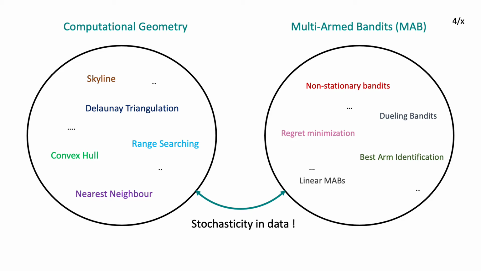We, in particular, look at the overlap of two specific problems, range searching and best arm identification, drawing insights from both worlds. Strangely, problems in the intersection of these two classical fields are relatively underexplored.